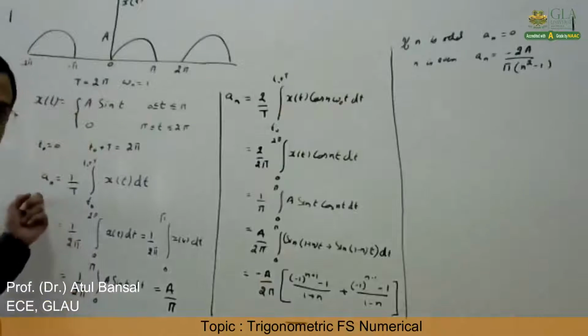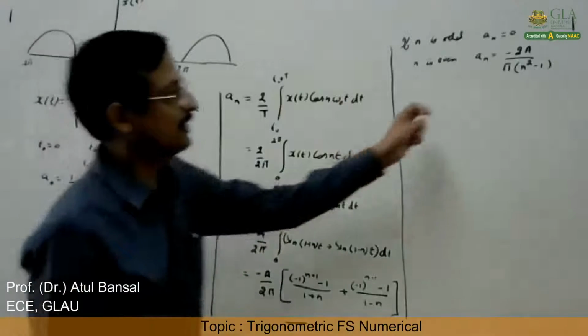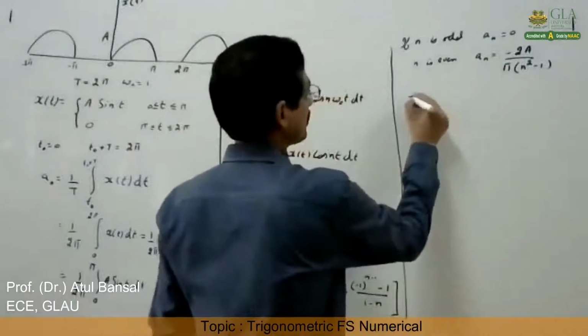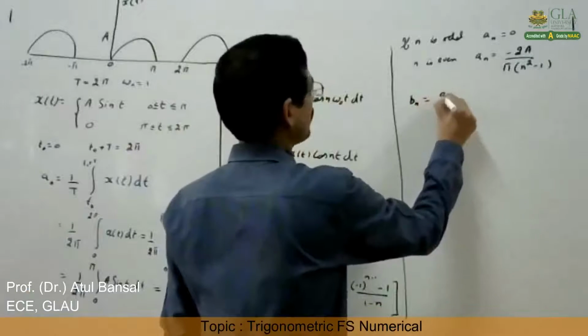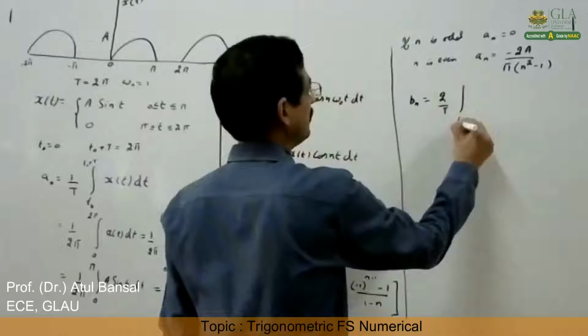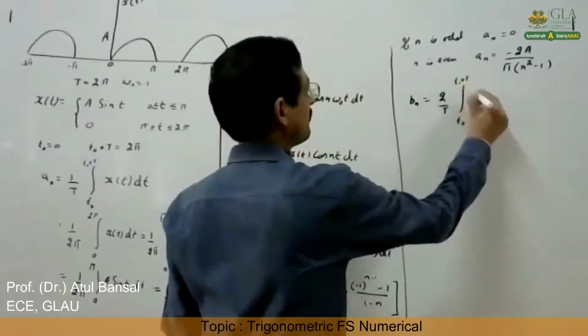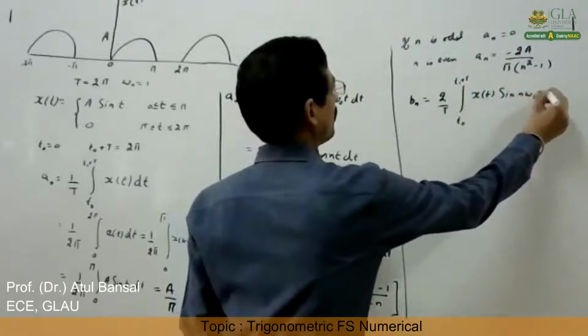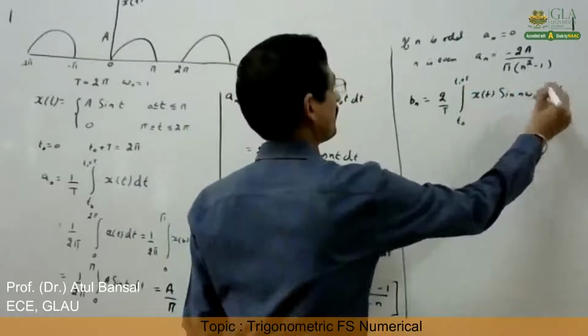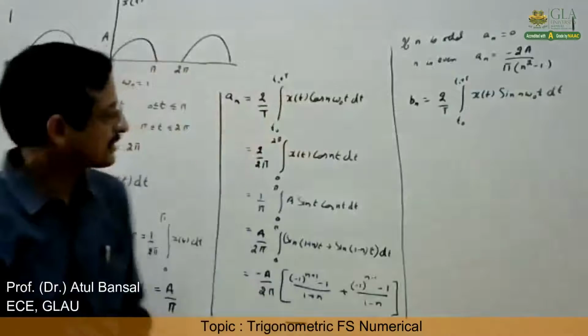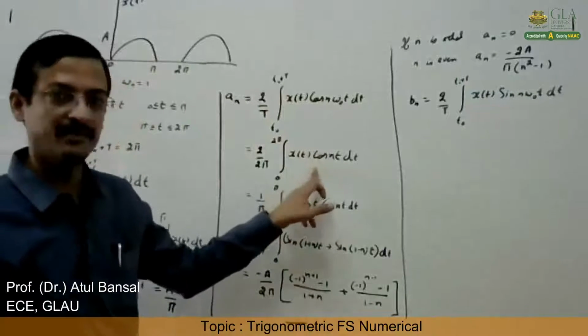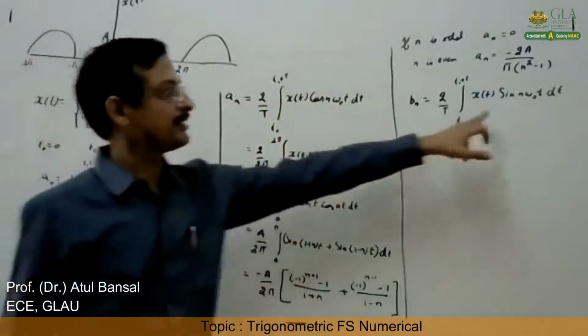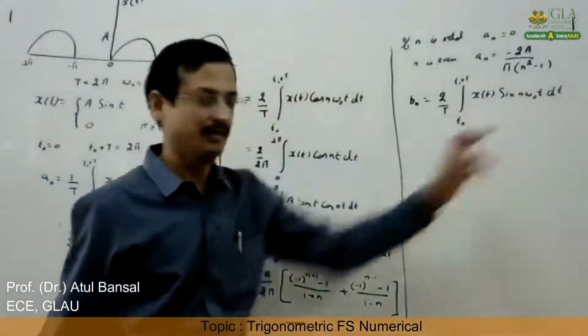So we have got a0, we have got an. Same way, by using the formula bn equals 2 by T0, integral t0 to t0 plus T, x(t) sin n omega naught t dt, we can evaluate bn. It is exactly similar to this. The only difference is here it will become x(t) cos nt, here it is x(t) sin nt.